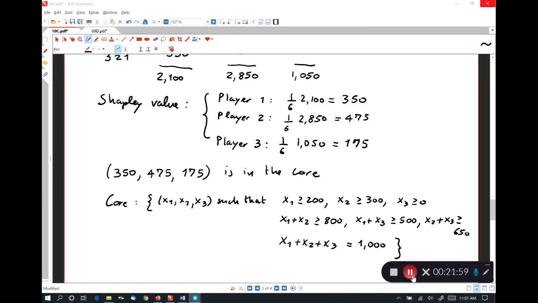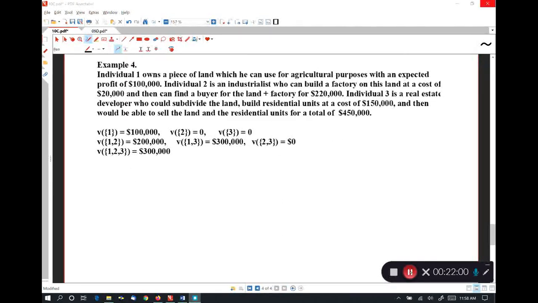it's not the case. The last example of a three-player game that I want to look at is the one that we looked at before. You have a landowner who can either use it for agricultural purposes or give it to an industrialist who will then build a factory and sell the factory and the land, or give it to a real estate agent who can build residential units and then sell land and residential units.